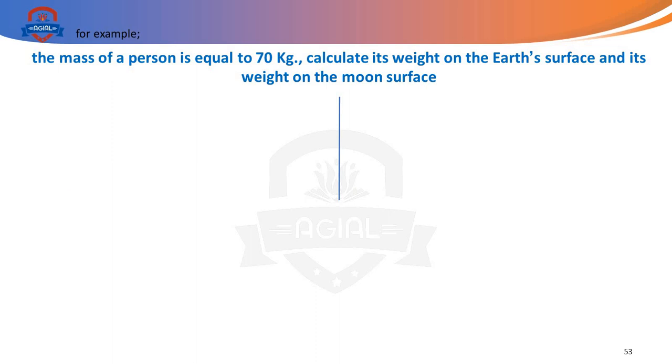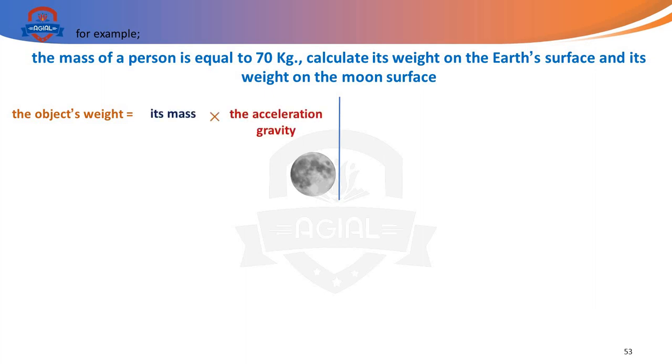In the last example, the mass of a person is equal to 70 kilograms, and we will calculate the weight on the Earth's surface and its weight on the Moon's surface. On the Moon, the object's weight, in any place, is equal to mass times the acceleration of gravity.